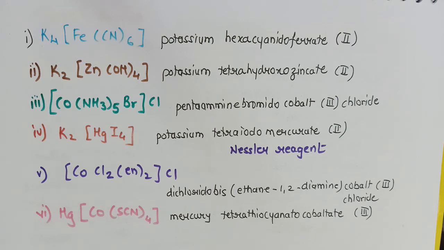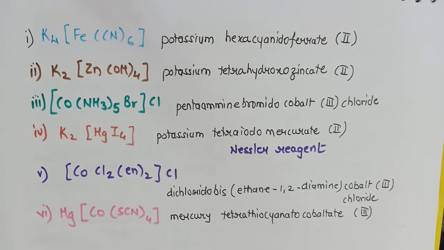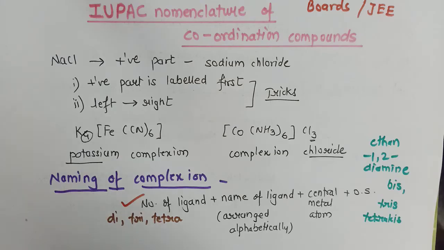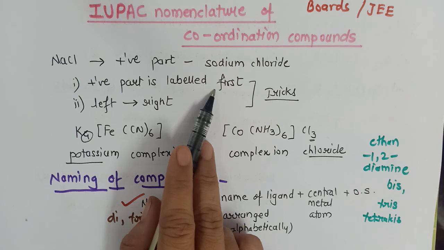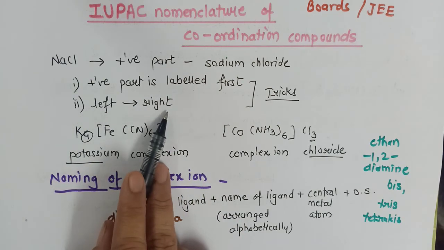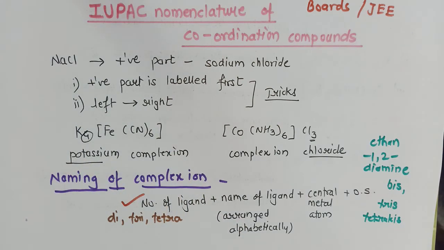I hope the rules are clear to you. So IUPAC nomenclature of coordination compound is very simple. Simply you have to remember the rules. What are the rules? Always label positive part first, or you can remember the another trick also. We'll move from left to right. Then number of ligand.